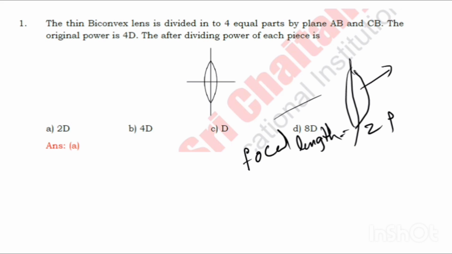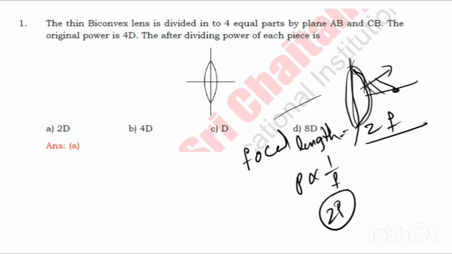Because of this curvature, the focal length depends on it. Half of the curved nature of the lens is missing, so the focal length is doubled, right? So power is proportional to 1 by F, inversely proportional. So power gets halved. Focal length doubled, so power halved.